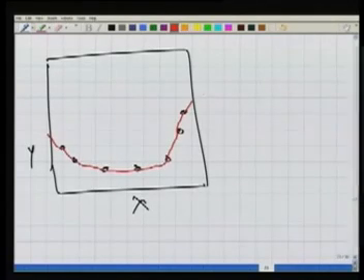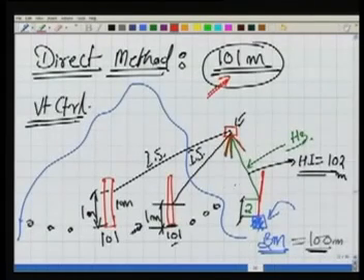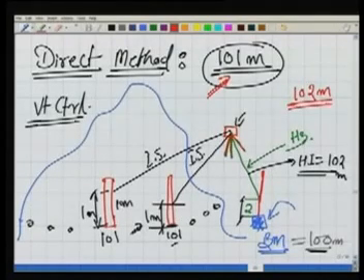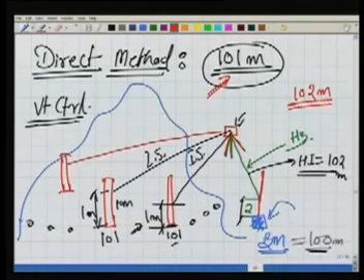So my contour may look like this, and I will write it here, 101. So this is my contour of 101 meter. Similarly, on this surface, if I am now looking for a contour of 102 meter, you can easily identify where I should keep my staff, and what the reading on the staff should be, so that the point here is 102 meter.